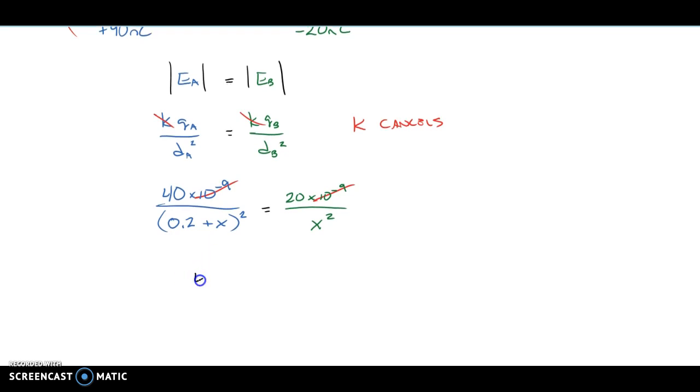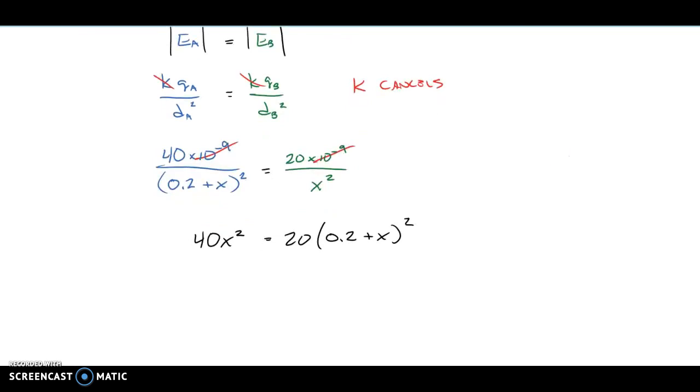I can cross multiply, I get 40x squared equals 20 times the quantity 0.2 plus x, squared. I can isolate that squared term by dividing by 20. And I'm left on the left side with just 2x squared equals the quantity 0.2 plus x, squared.